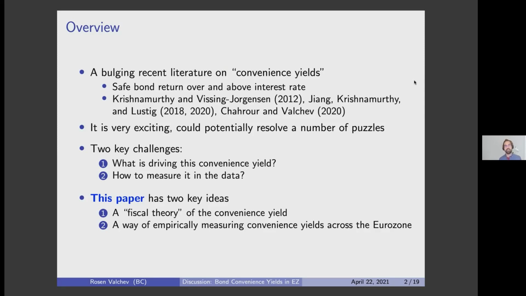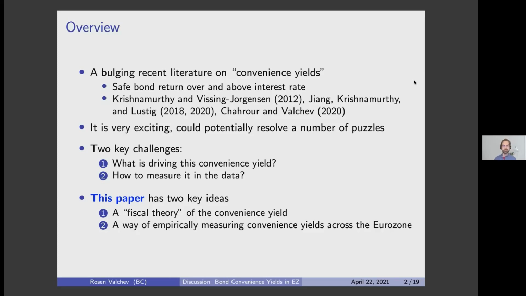Money is a special asset investors are willing to hold at zero return. Some of the specialness of money maybe transfers over to bonds, and we call that the convenience yield. This is the extra little wedge in the equation that Zhengyang showed you, something that is not accounted for purely by the interest rate that the bond offers.